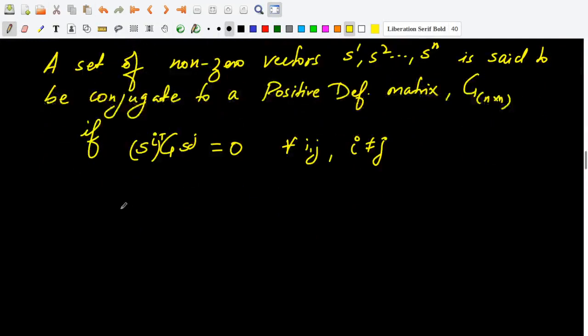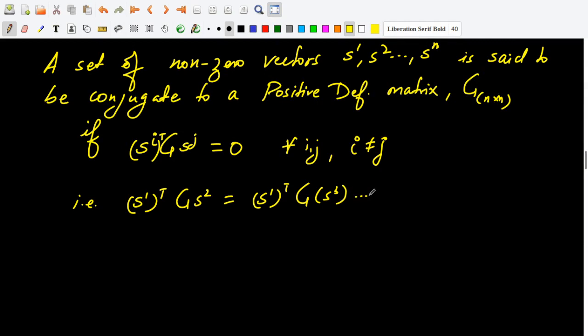So that means S1 transpose G S2 equal to 0.